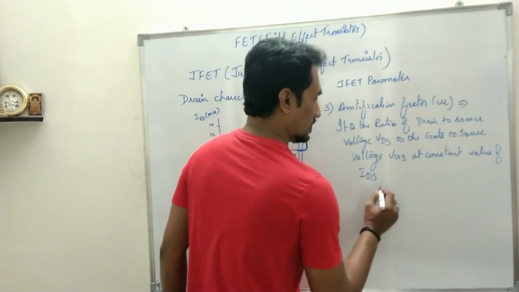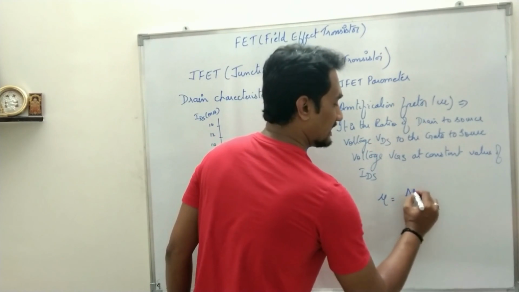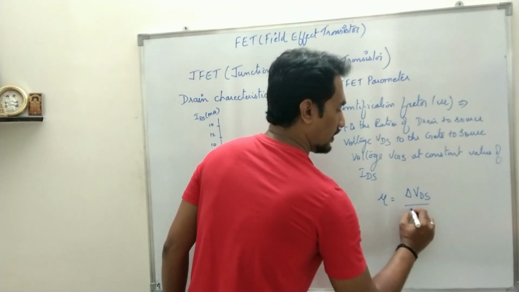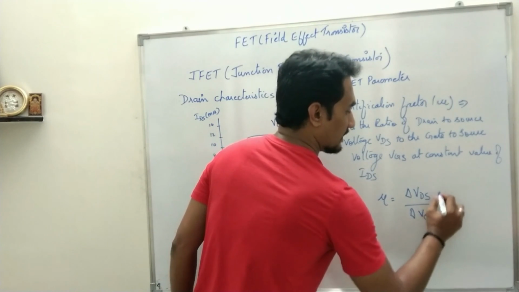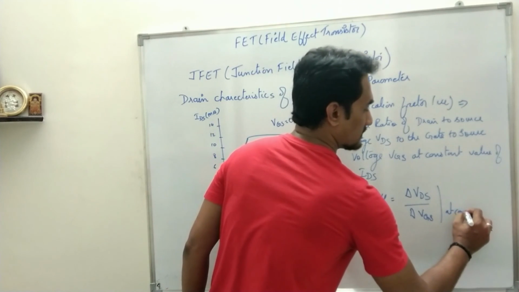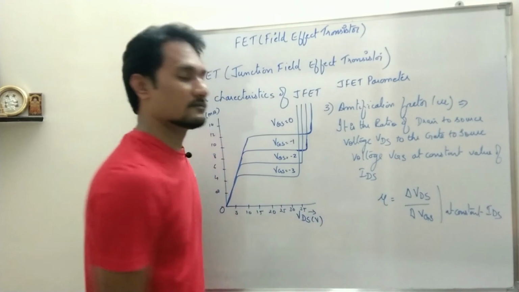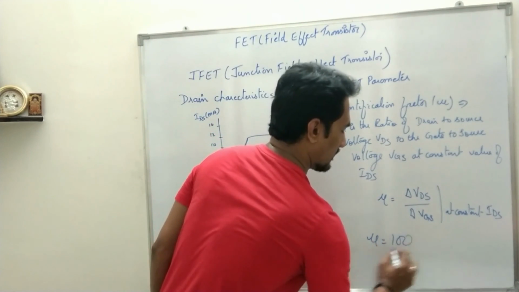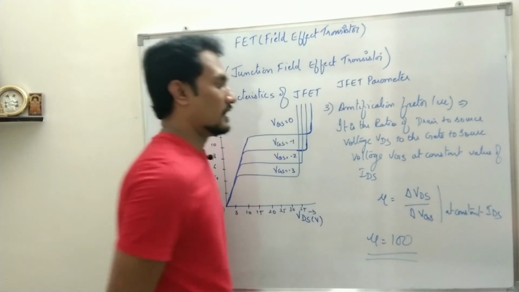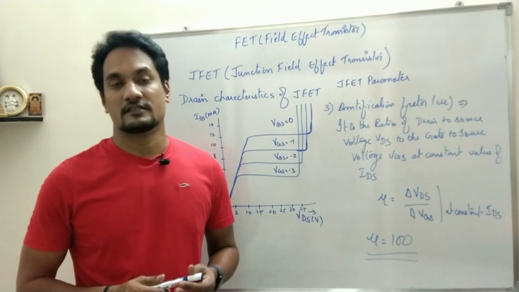So mu will be delta VDS upon delta VGS at constant IDS. And typically mu is 100 for a particular designed JFET.